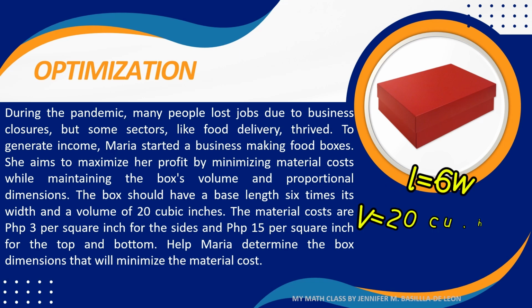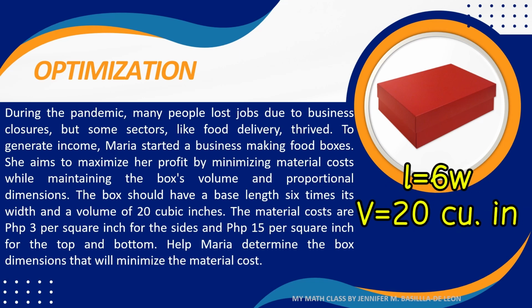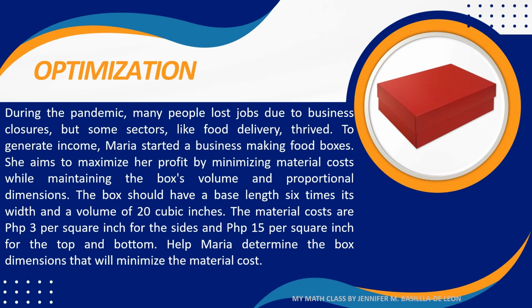The box should have a base length 6 times its width and volume of 20 cubic inches. The material costs are 3 pesos per square inch for the sides and 15 pesos per square inch for the top and bottom. Help Maria find the box dimensions that will minimize the material.